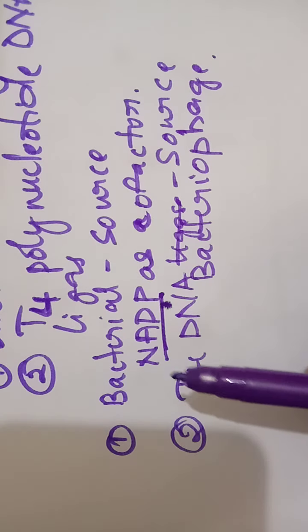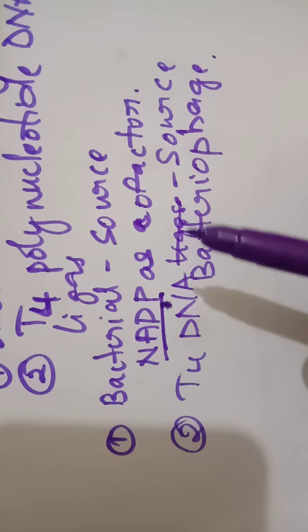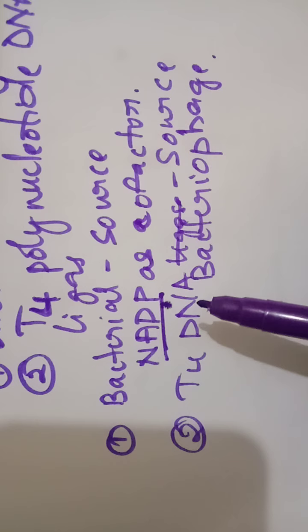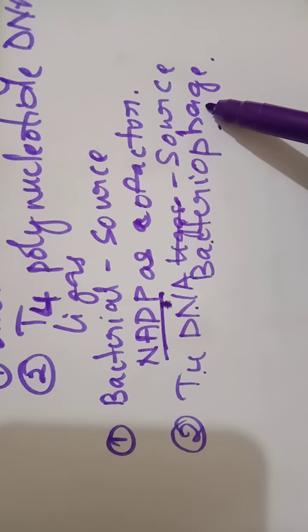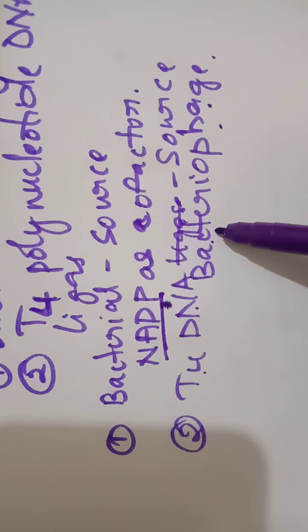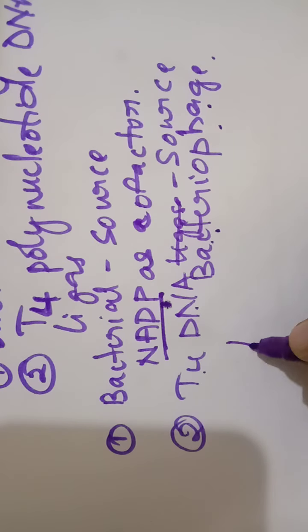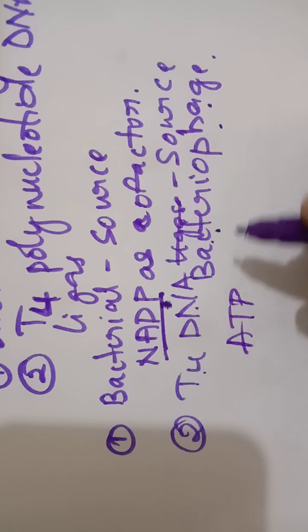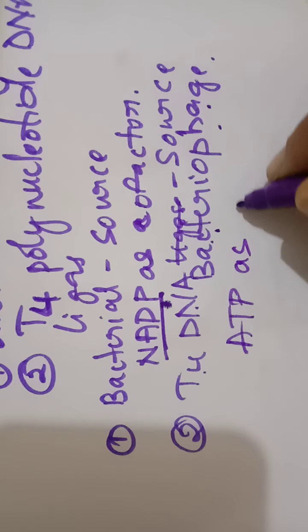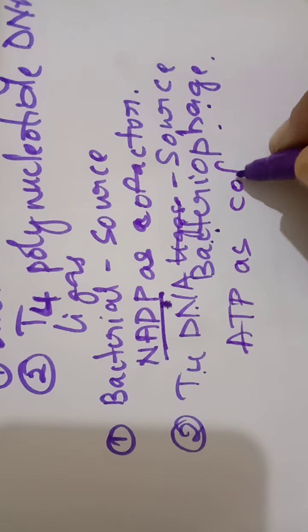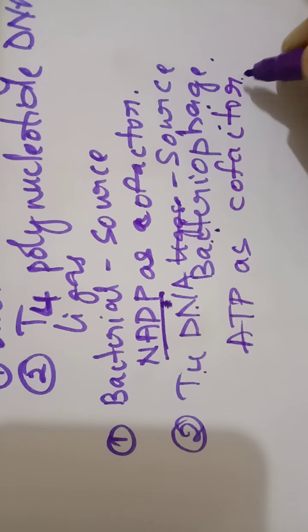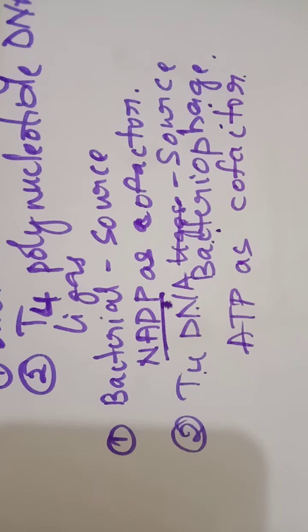So the source of the T4 DNA ligase is a T4 bacteriophage. This particular ligase uses ATP as cofactor. This is regarding the types of DNA ligase.